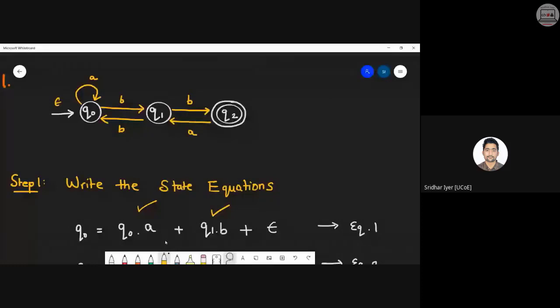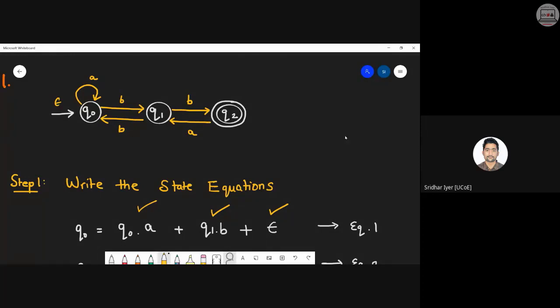Clear with this concept? Kindly let me know. This is a very basic concept for solving these problems. You have to look at the incoming transitions, see where each transition is coming from, and write it. That's it. So Q0 is equal to Q0 dot A, because we are receiving the input A from Q0 itself in the form of a loop, plus Q1 dot B, because we are receiving the input from Q1, that is Q1 dot B. Clear?